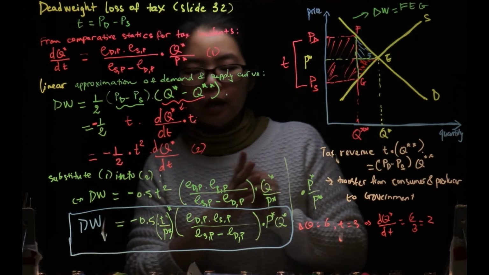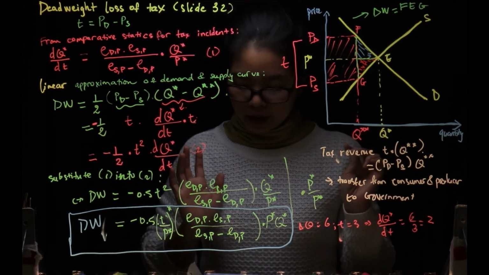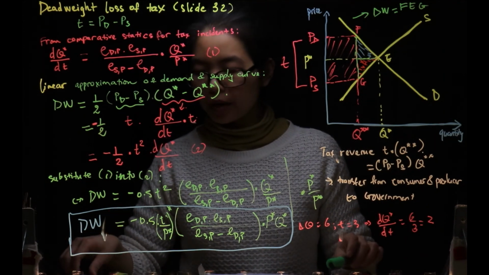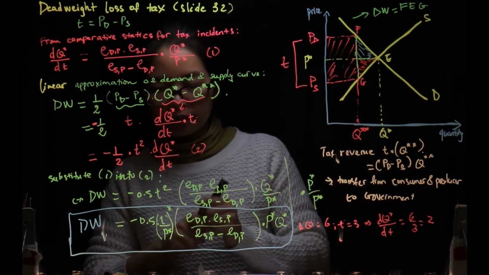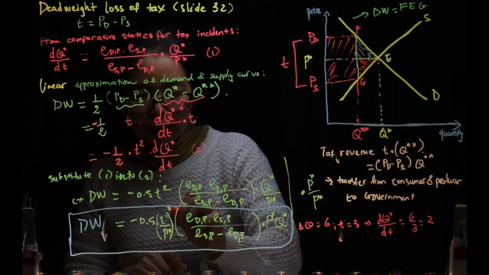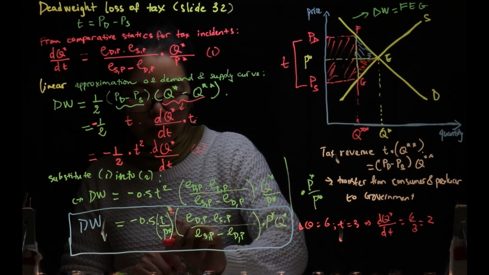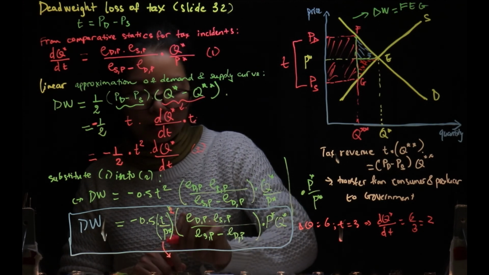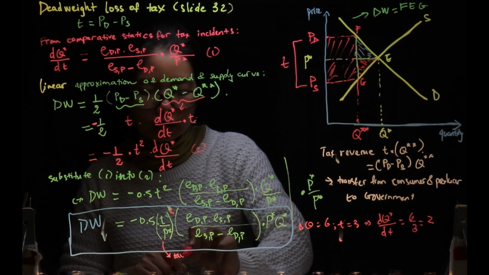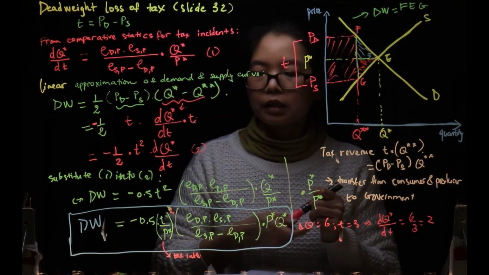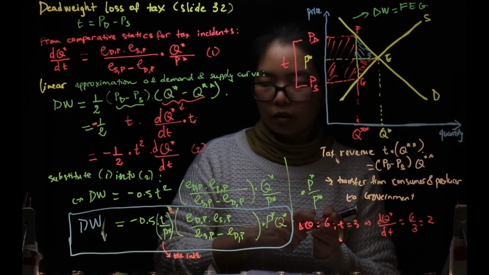Okay? So here there are a few things important to remember. So the T over P star, the thing inside, is the tax rate, right? How many percent of the tax over price, so tax rate.